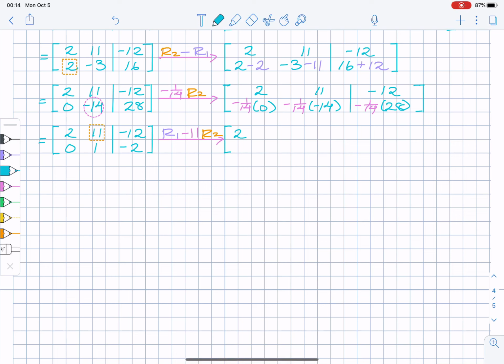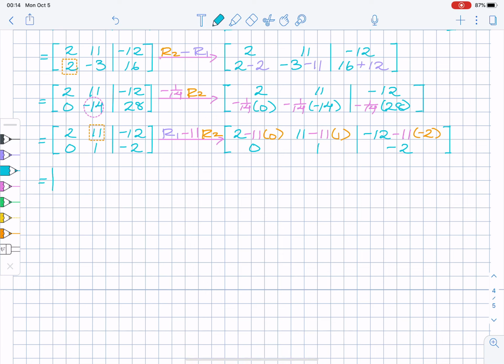So 2 minus 11 times 0, then 11 minus 11 times 1, augment, negative 12 minus 11 times negative 2, and row 2 is just 0, 1, and negative 2.